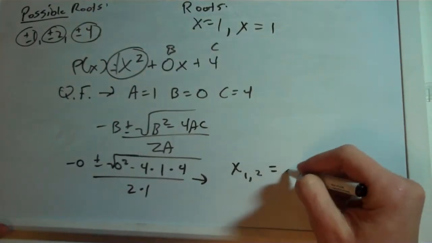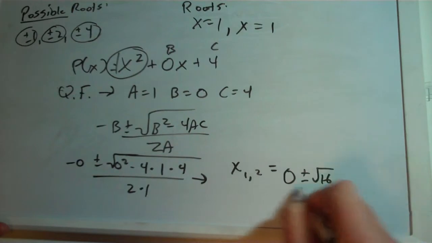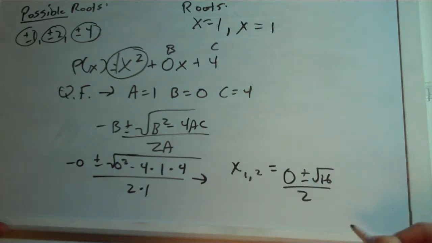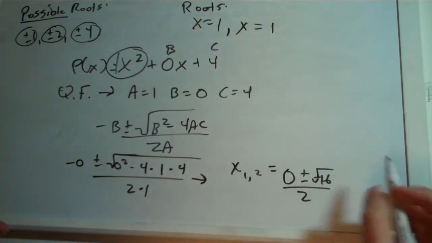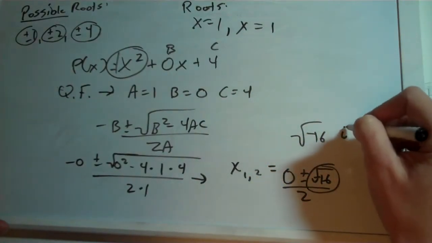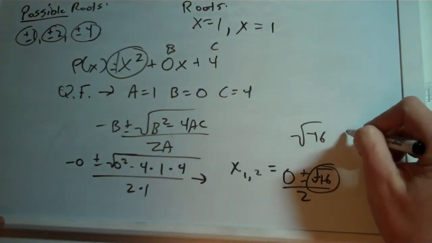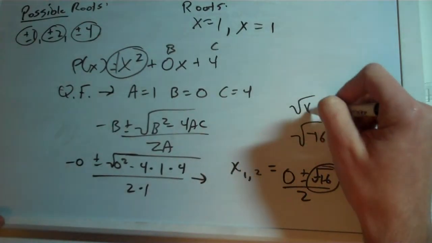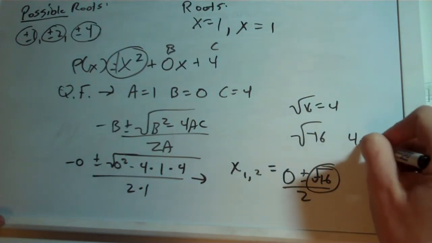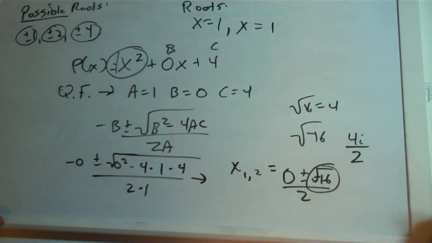And that comes out to be our x, 1 and 2, equal to 0 plus or minus the square root of negative 16 over 2. And the square root of negative 16 is going to be an imaginary number. Okay, it's going to be a complex root. So the normal square root of 16 is 4, as you know, so it's going to compute to a 4i, and we're still going to divide that by 2, so we get 2i.